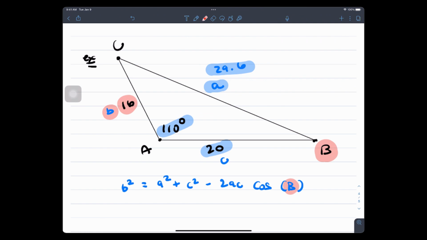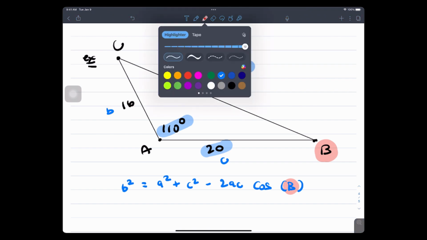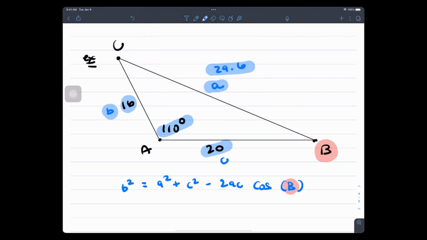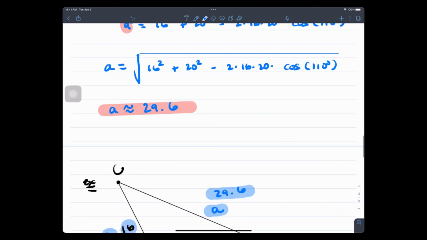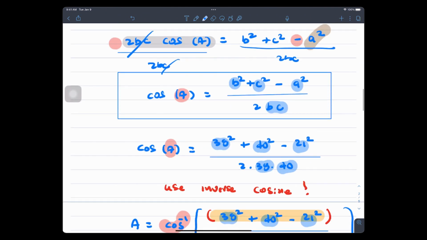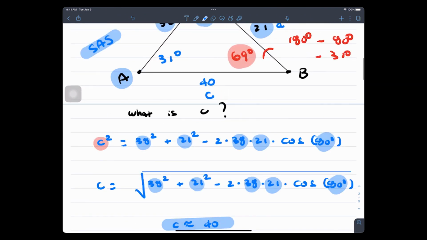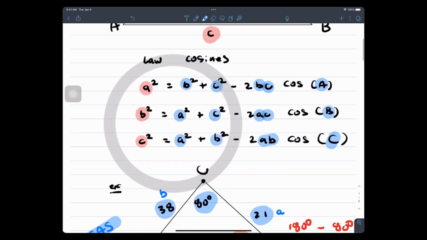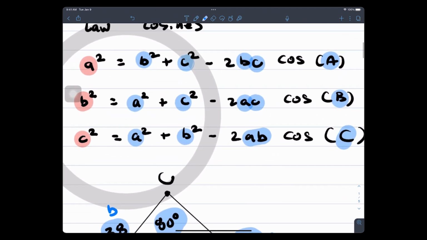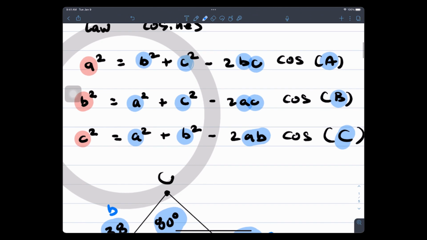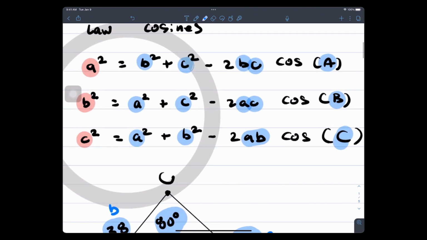Everything else is known now, so I can color this blue because I know that side is known. Okay, you guys see what I'm saying? What's not known is the angle. And if you go back and look at the law of cosines, where are the formulas? Could I use that one? b squared is a squared plus c squared minus 2ac cosine of B? Yes. You've got to use that.